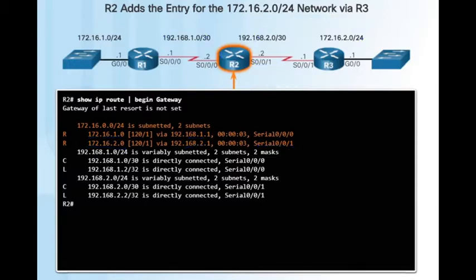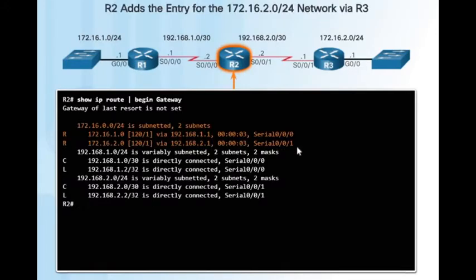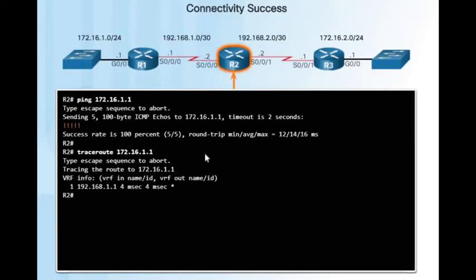So if we're going to run, for example, let's say we're going to try and ping from R2, we're going to try and ping the 172.16.1.0 network. That is the interface right here. Since we have complete updates on those networks recorded on its routing table, we expect that the ping request will be successful.